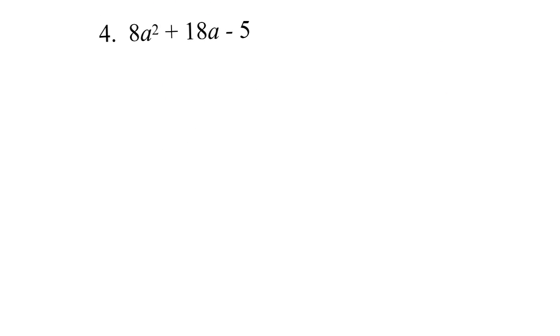So now we're going to use exactly the same things as before. We're going to look at the front and the back, and we're going to see if 8 and 18 and 5 can be divided by anything. No, we can't. So we've got to take a look at two numbers that multiply to 8 times negative 5, which is negative 40, but then add to the middle term of positive 18.